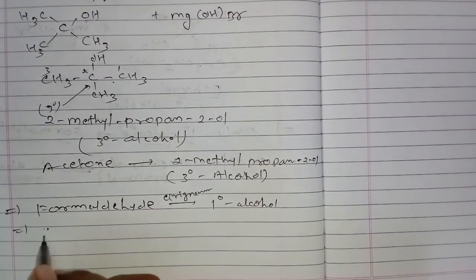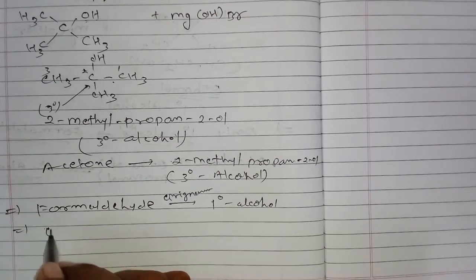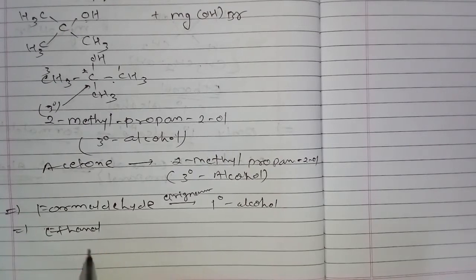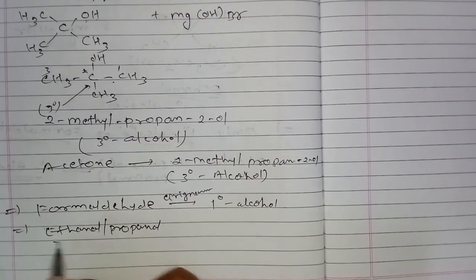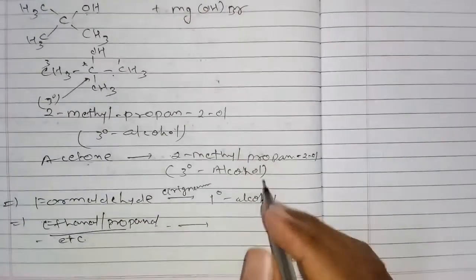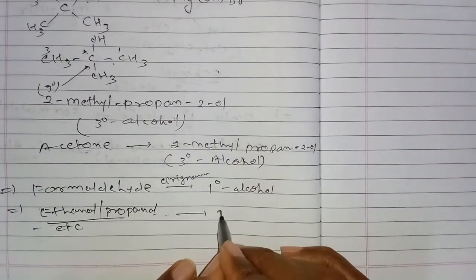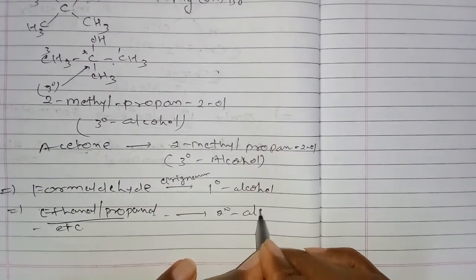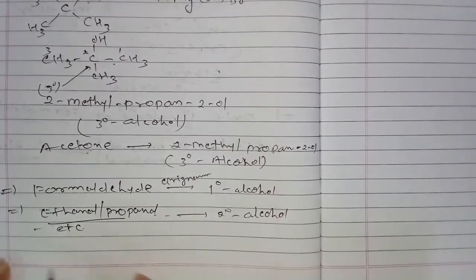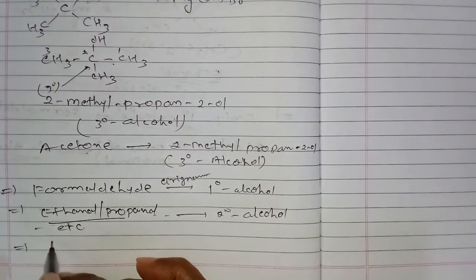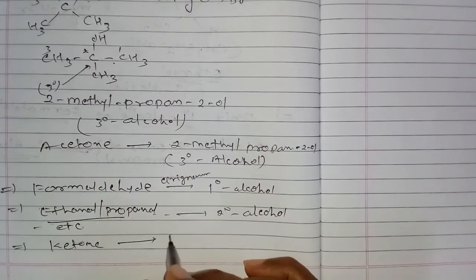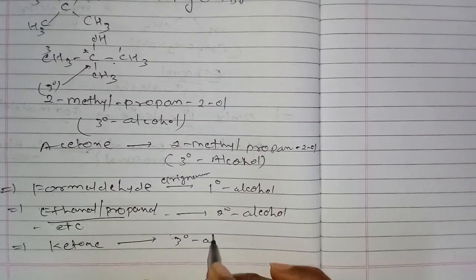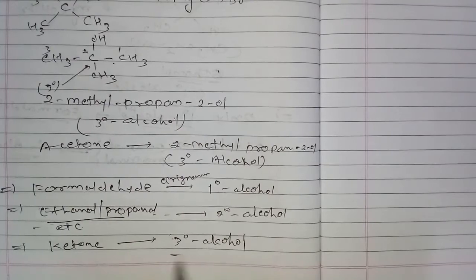Then, when ethanal or propanal or further aldehydes and so on are used, secondary alcohol is formed, and when ketone is used, tertiary alcohol is formed.